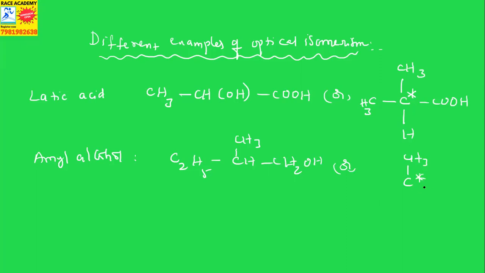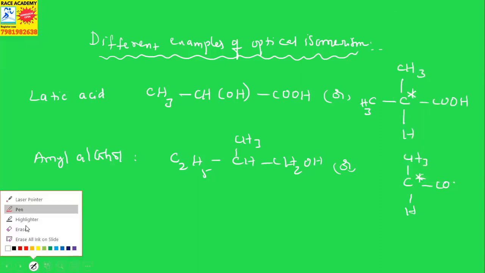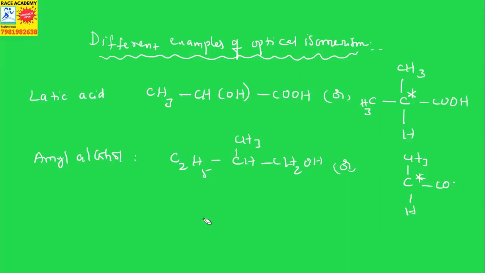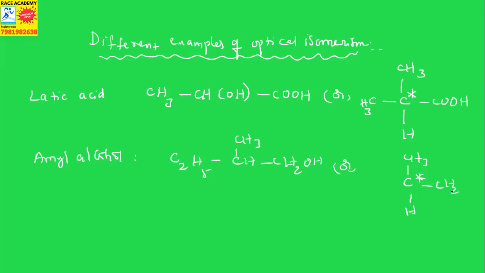We will take the asymmetric carbon in the middle, and to that we will attach the alcohol group. This is CH2, the alcohol group is nothing but CH2OH, and on the other side we have C2H5.